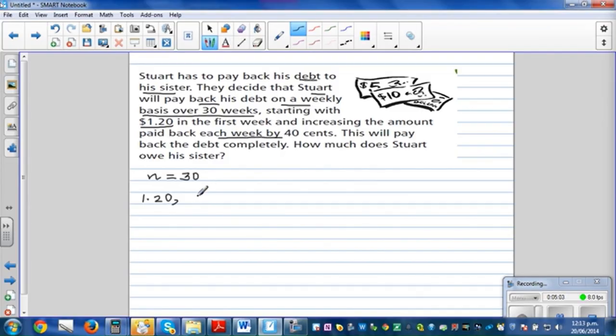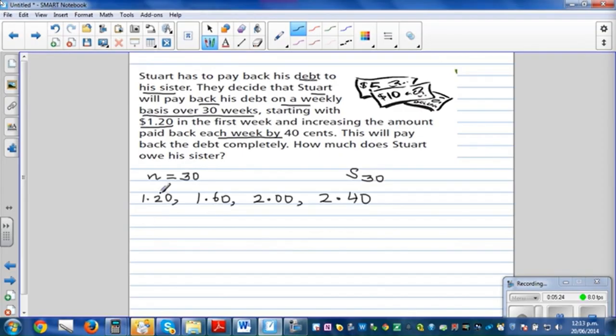So the next week he will pay $1.60. The next week again 40 cents more, so that is $2 and so on. So $2.40. So the question is, how much will he pay? You have to find S30. In 30 weeks he will pay how much?